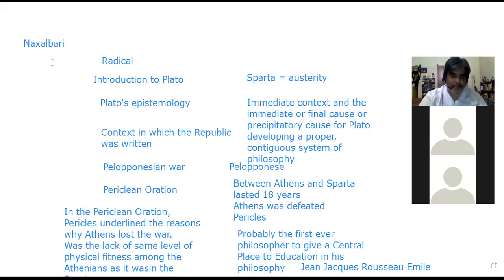Actually, if you look at the evolution, the immediate cause again is... Has anyone heard of this?